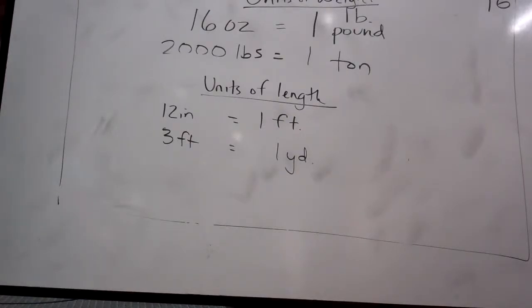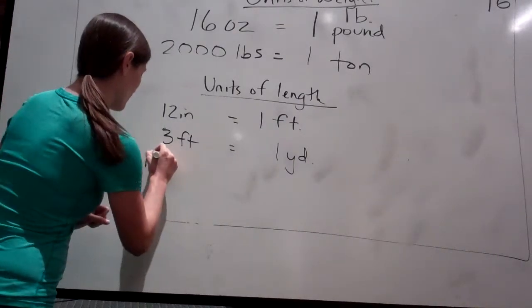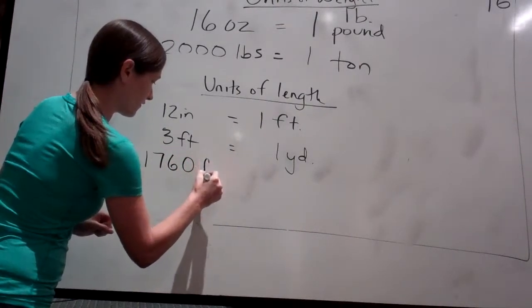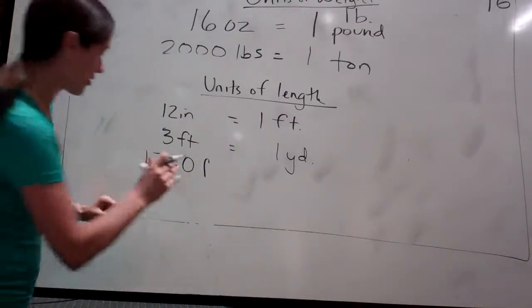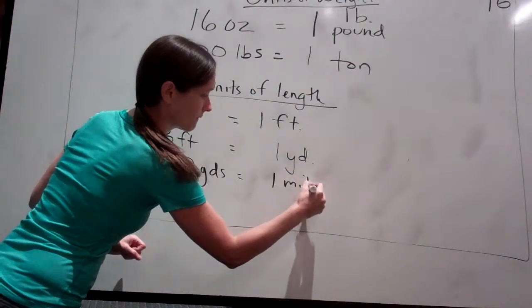How many yards equal a mile? It's like 1,000 something. 1,760. Good try, that was close. 1,760 yards equal 1 mile.